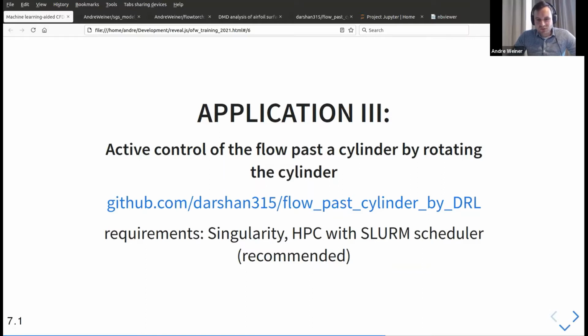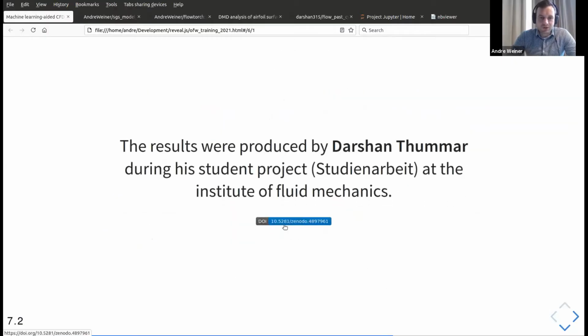This is a tutorial you cannot really execute on your PC unless you have a really powerful workstation. It requires some more power, so nothing to do on your laptop. And I should mention the results were produced by Darshan, of course.